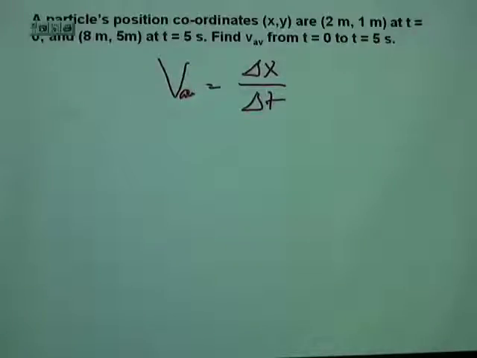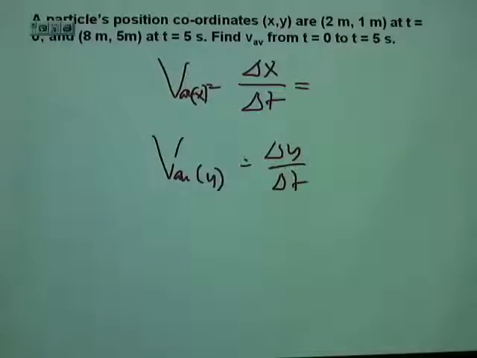Now, we should understand this as the average velocity in the x direction, so we're going to call it V average x. V average x is delta x, the change in the x position, divided by the change in time. And V average y will be delta y divided by delta t.